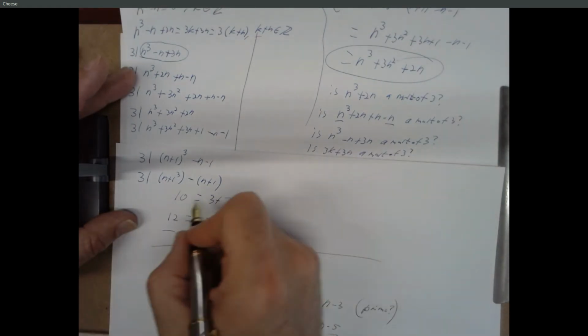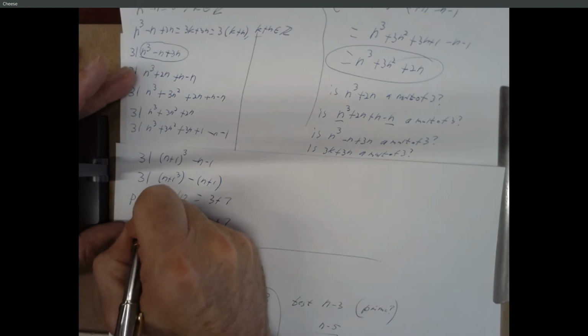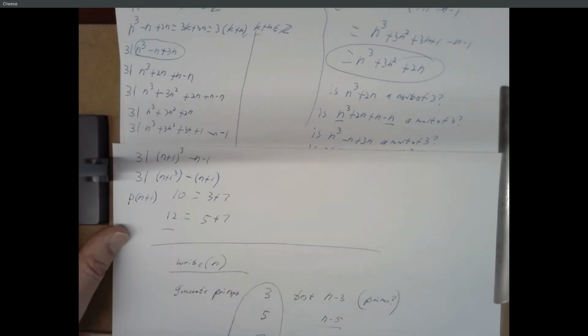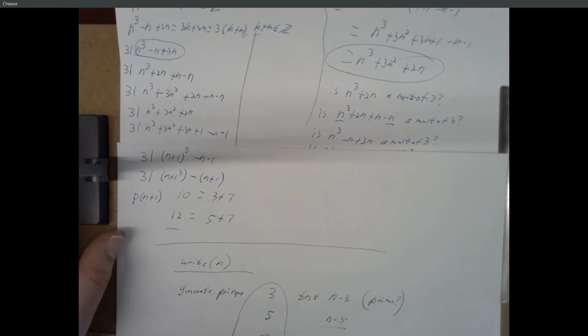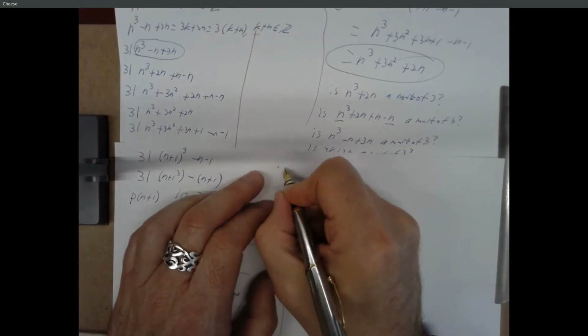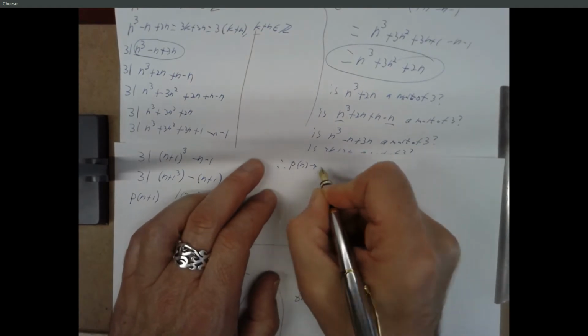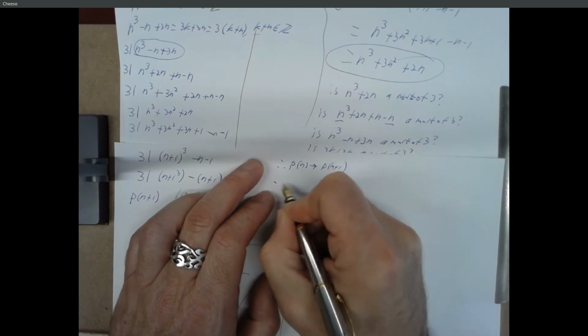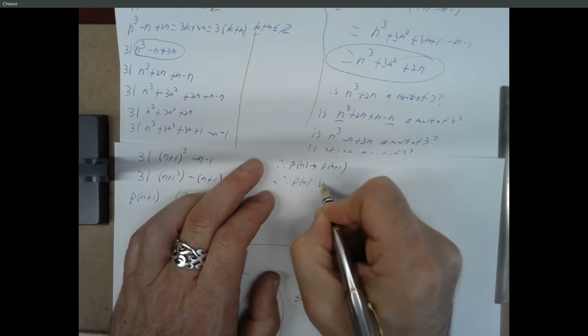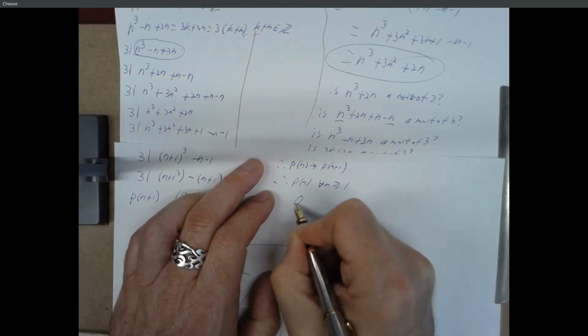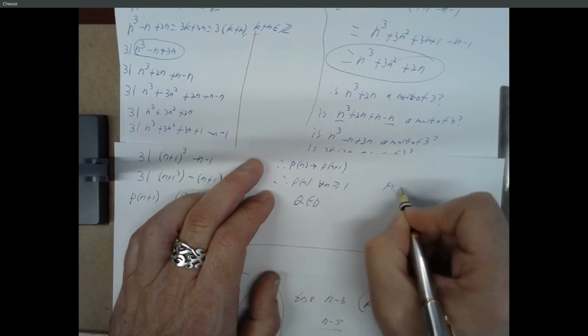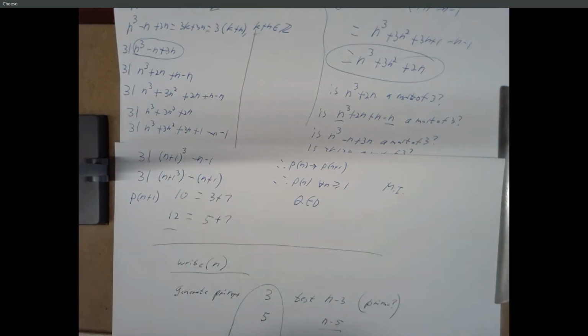And this is p of n plus 1. So now you say, therefore p of n gives us p of n plus 1. Therefore p of n for all n bigger than or equal to 1 by mathematical induction, and QED.